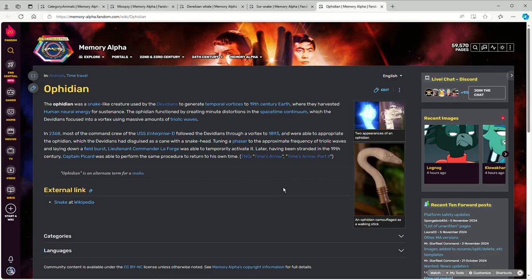Major plot significance because its ability to emit triolic waves is crucial to making the Devidian phase shift and dimensional whatever transference gimmick work. Because it's not exactly time travel, it's not exactly interstellar teleportation.